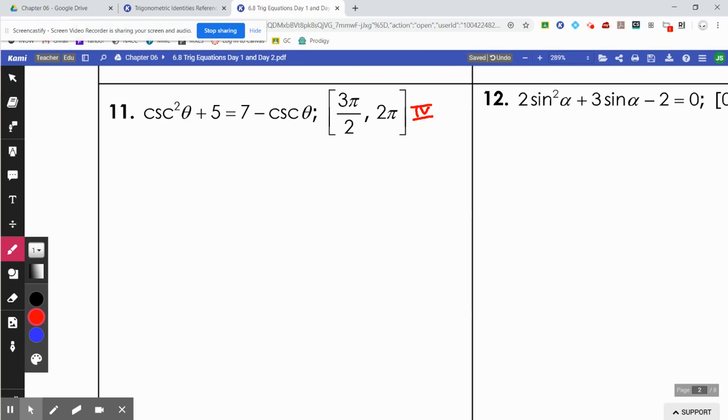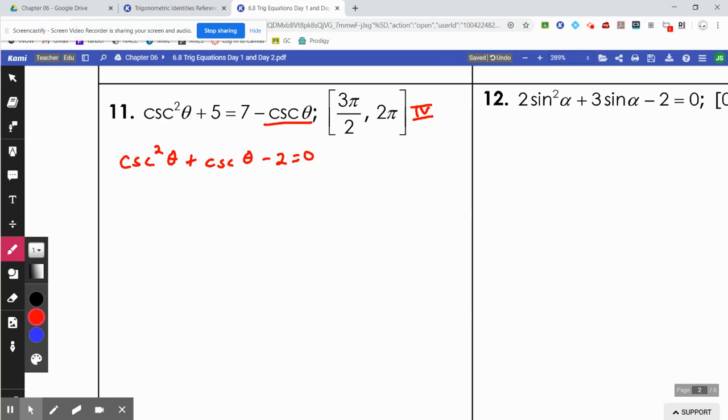Let's move our cosecant x over. We'll move our 7 over, and it gives you cosecant squared theta plus the cosecant of theta, and when you subtract 7, it gives you minus 2 is equal to 0. Now what you have here is a quadratic trinomial.